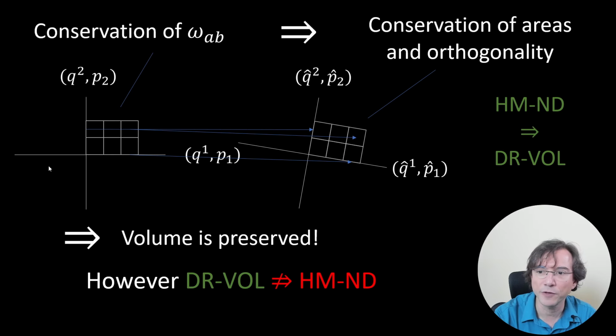If we started with orthogonal degrees of freedom, the mapped degrees of freedom will be orthogonal as well. And then, of course, if you preserve the areas and you preserve the orthogonality, you are also going to preserve the volume. But the inverse is not true. You can preserve the volume without preserving either the orthogonality or the sides of that parallelepiped.